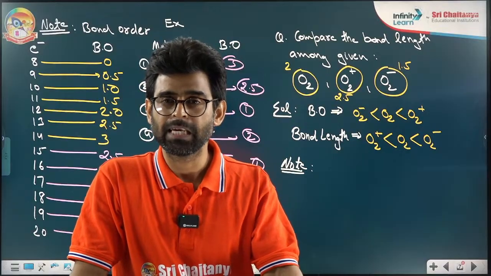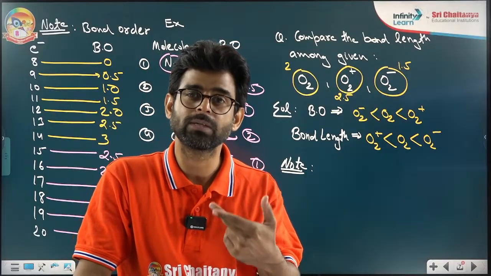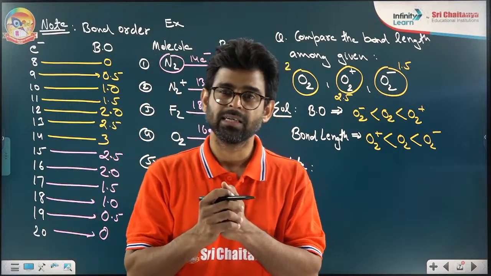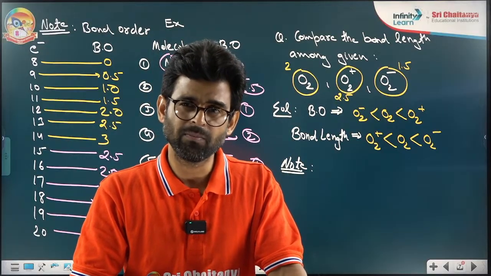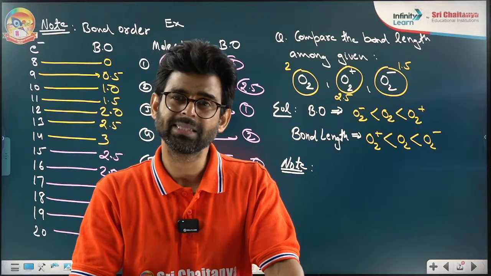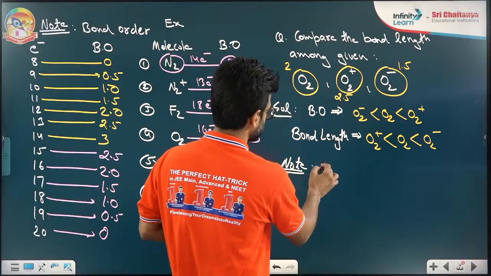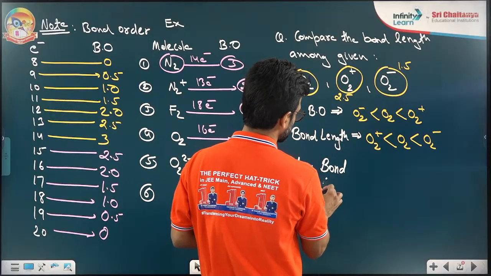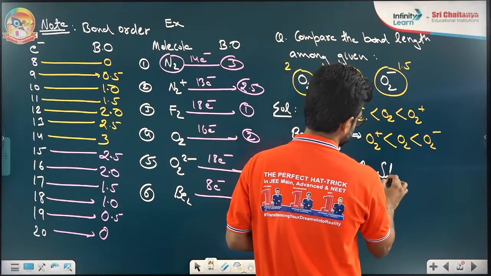If two atoms have more bonds, like single, double or triple bond, if the bond order is more, it means they are making more bonds with each other, so that molecule will be more stable. So higher the bond order, higher the stability. A simple question from MOT, a simple point I am saying. Not just from MOT, you can think very clearly that higher the bond order, higher the stability.